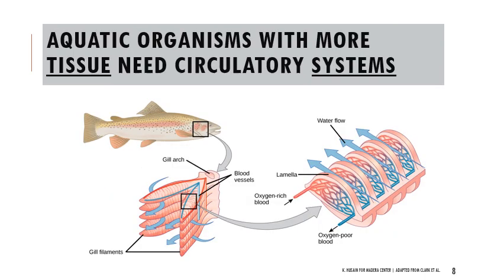If we look at other aquatic organisms, like a fish, you start to see the need for circulatory systems. You can't just have water flowing in and reaching all of the tissue. You have to have exchange happening with some fluid within that tissue in order to circulate stuff around. So we need respiratory systems and circulatory systems.